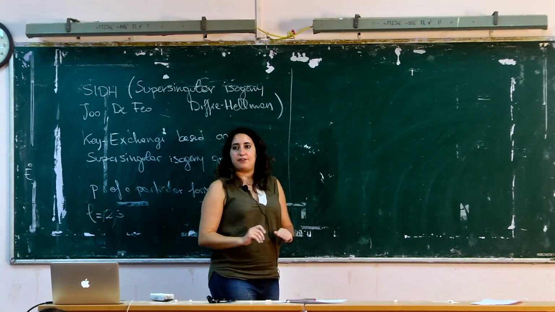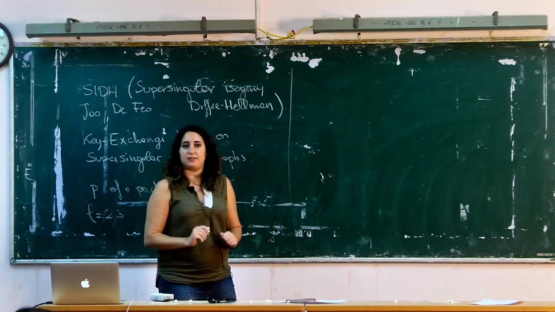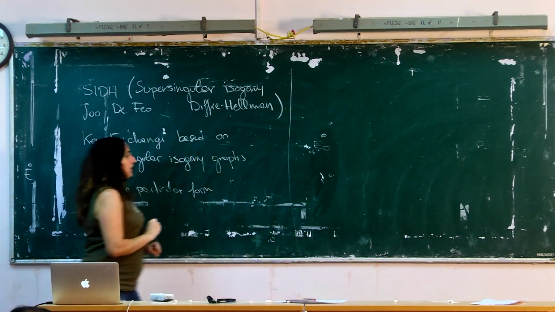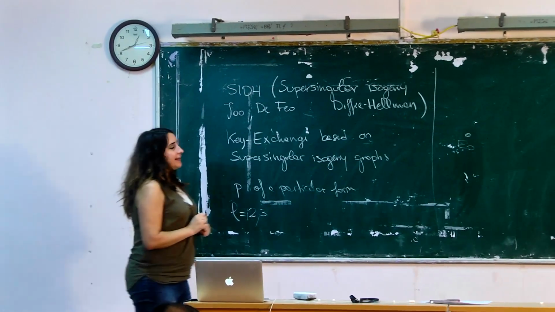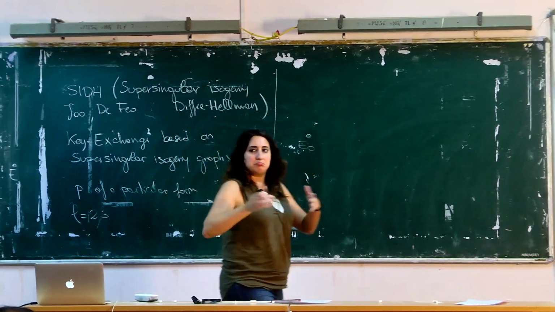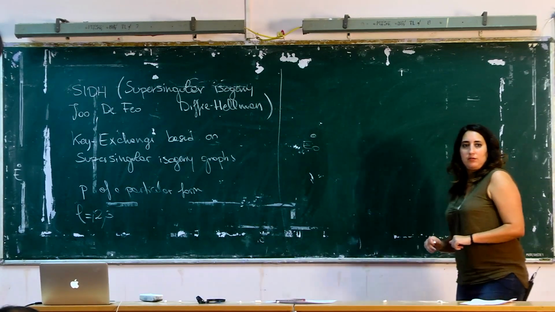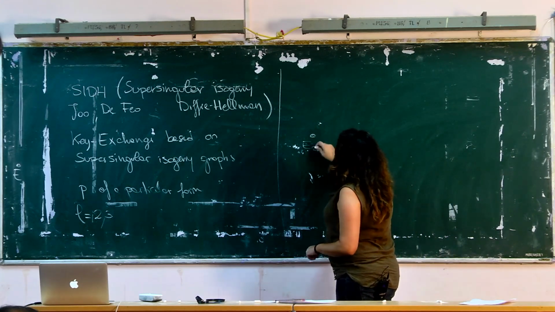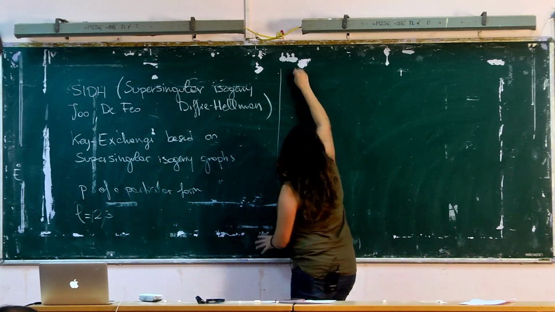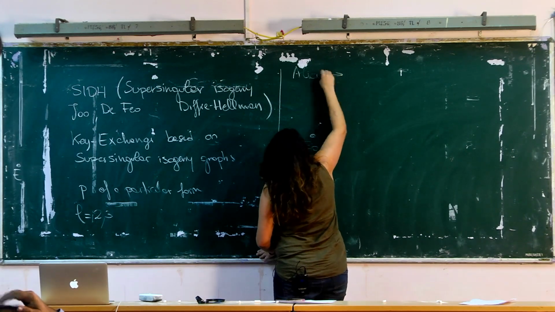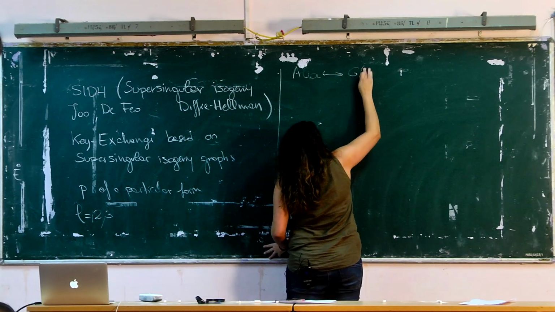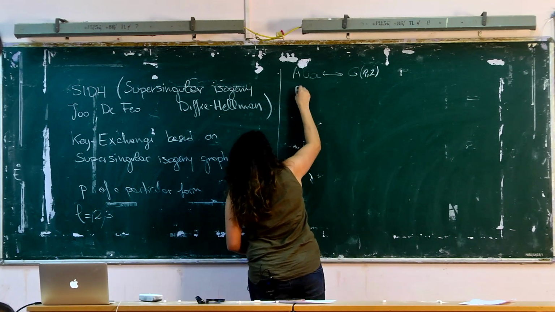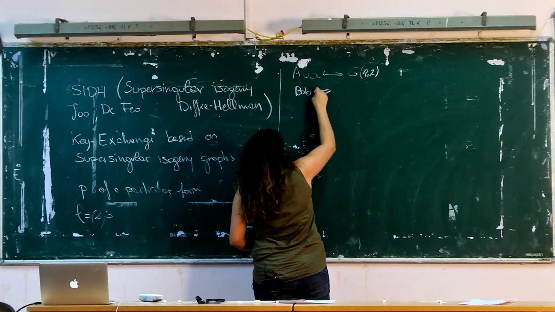I put myself on one vertex of my supersingular isogeny graph. Let me call it E0, okay? And then the idea is that Alice and Bob start doing random walks on this isogeny graph. For instance, let's say that Alice walks on the 2-isogeny graph, and Bob walks on the 3-isogeny graph.